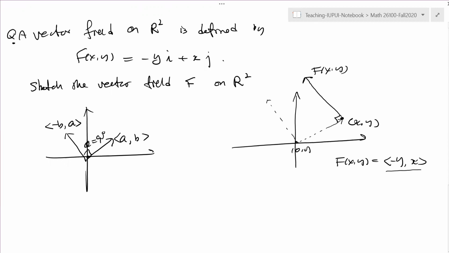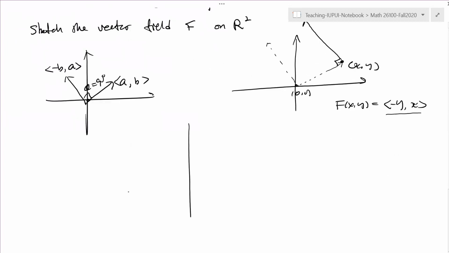So first of all, at every point you can draw the vector perpendicular to the direction from the origin to that point. Second, the vector is getting longer if the point is getting farther away from the origin.